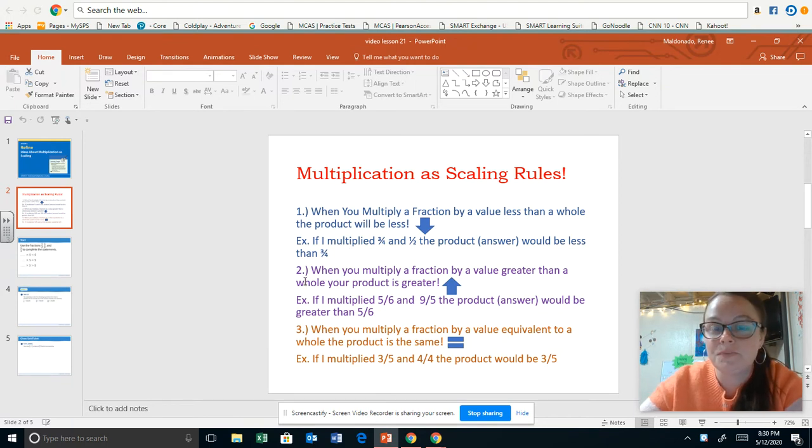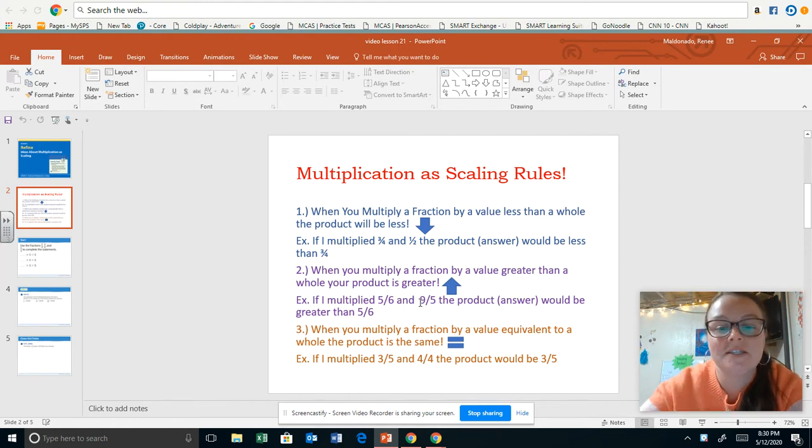Rule number 2: when you multiply a fraction by a value greater than a whole, your product will get greater. It's going to get bigger, okay? An example is if I multiplied 5/6 and 9/5. Do you remember what kind of fraction 9/5 is?